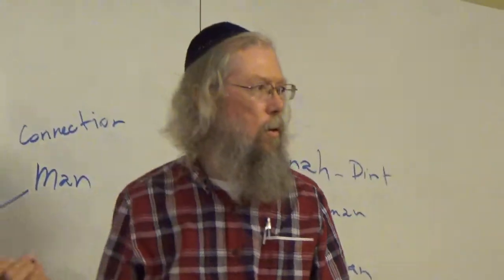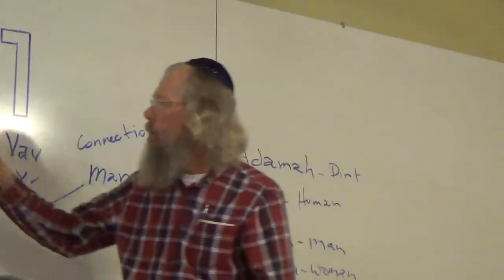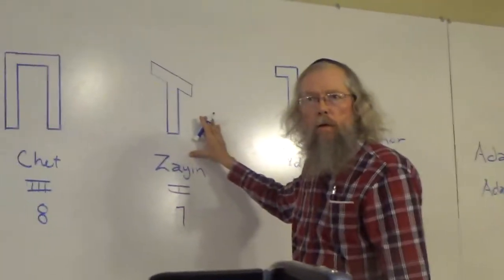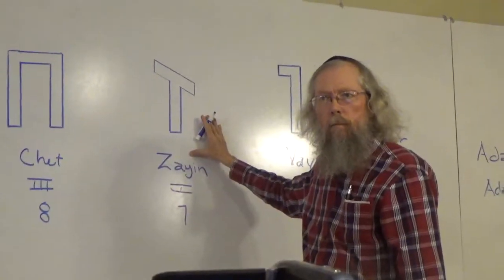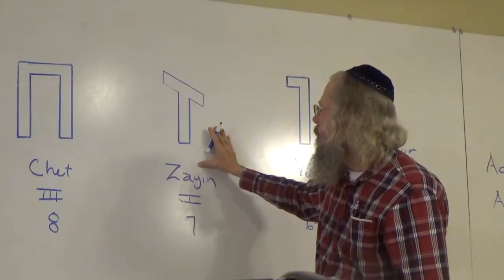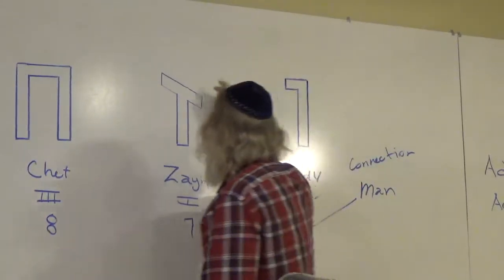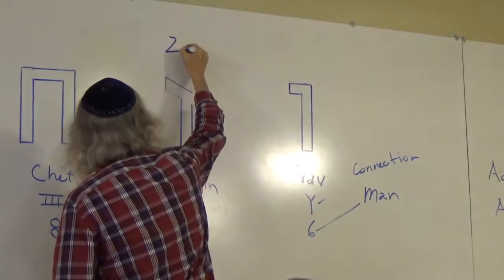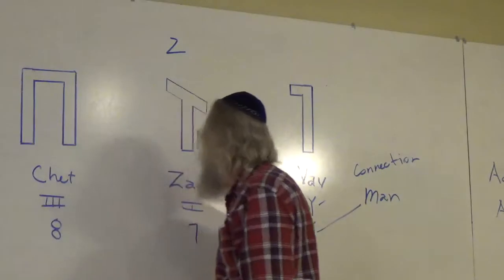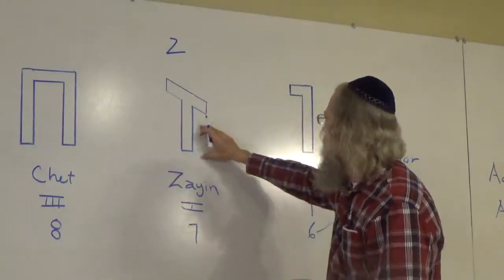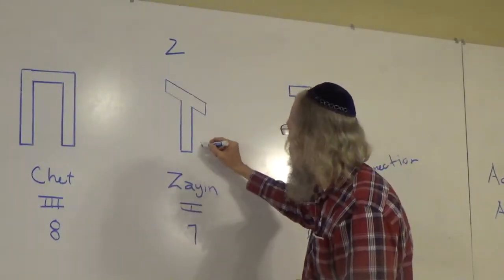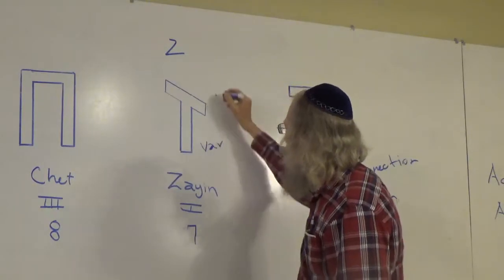Who's going to rescue them? So this is where Zayin comes in. Zayin comes into play. So Zayin is the letter Z, Zayin. Zayin is a vav with wings.